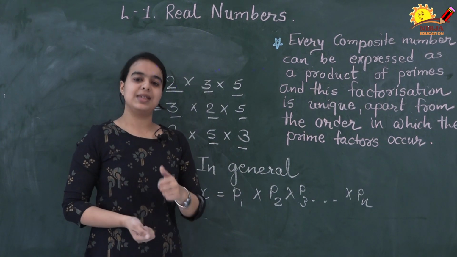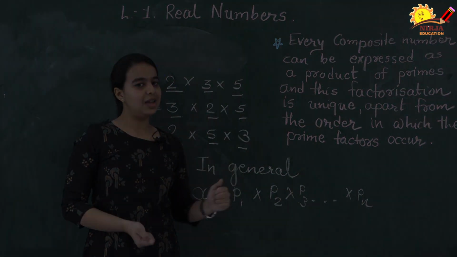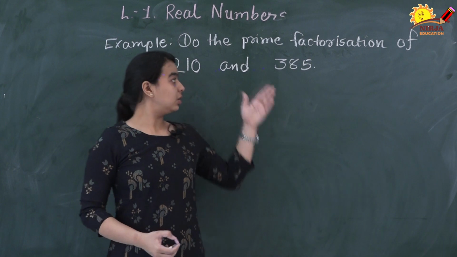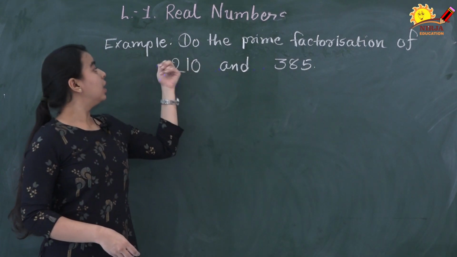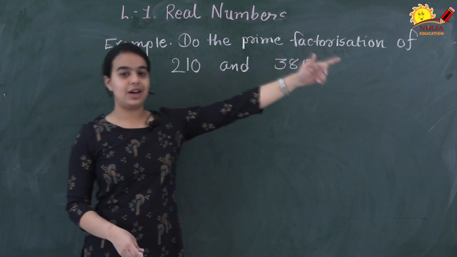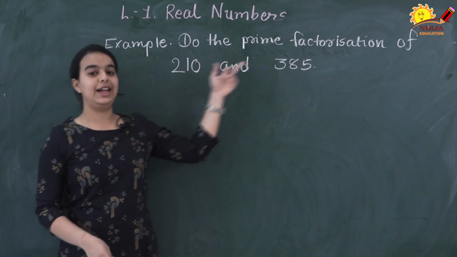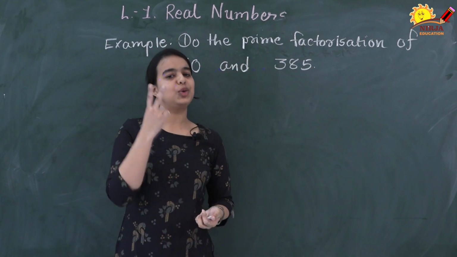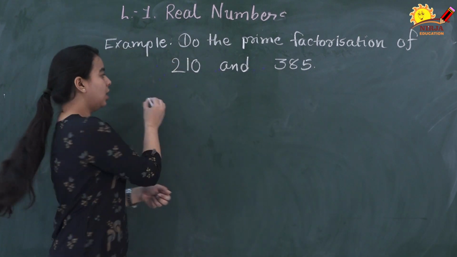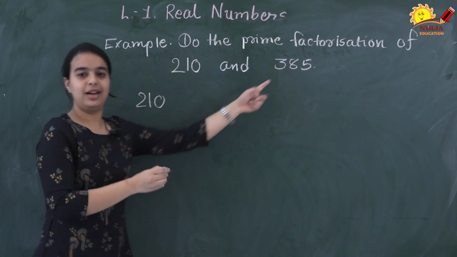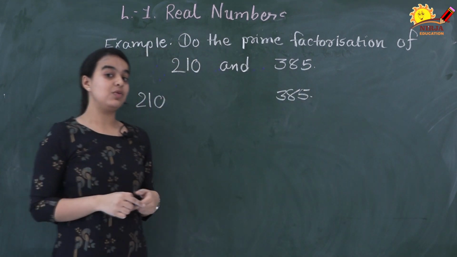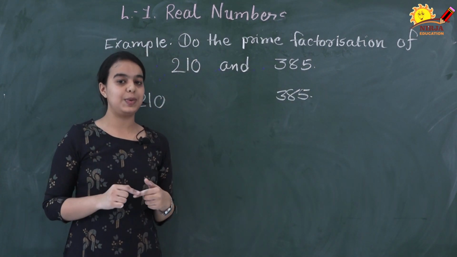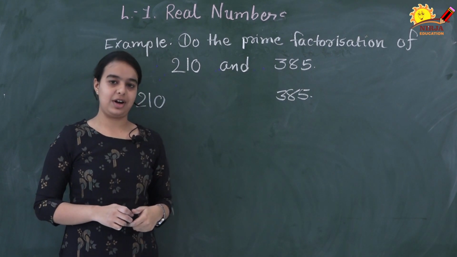Let's solve one example on the basis of this theorem. Do the prime factorization of 210 and 385. Here two positive integers are given, 210 and 385. In my previous video also I have explained how to do the prime factorization.